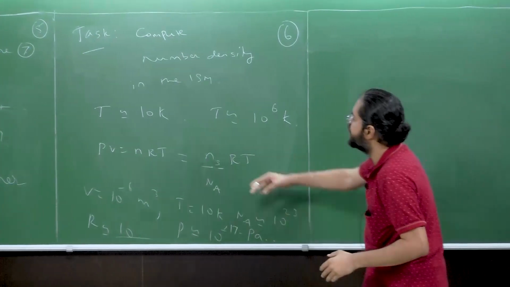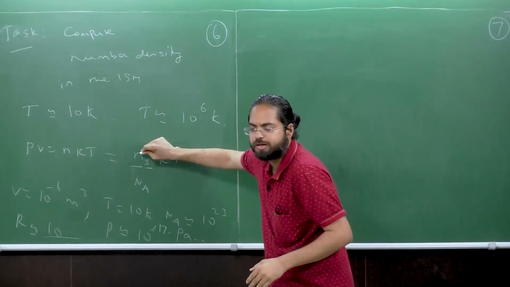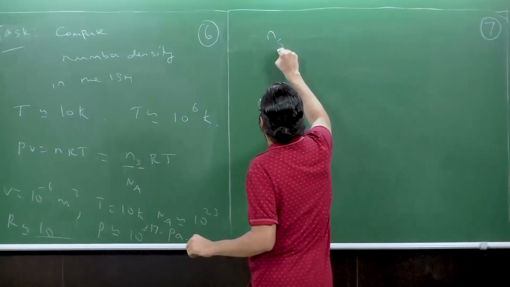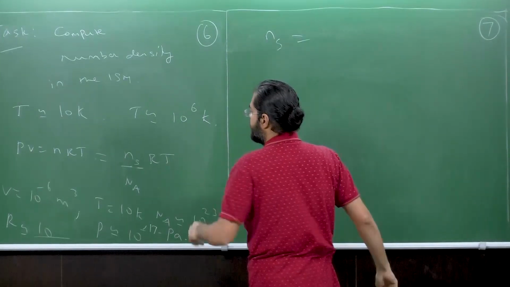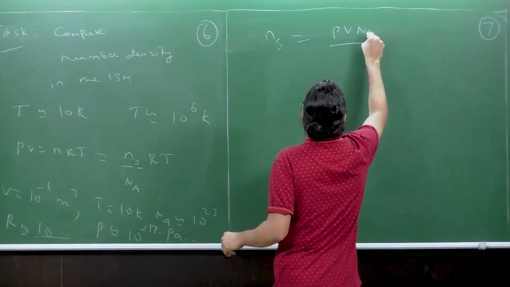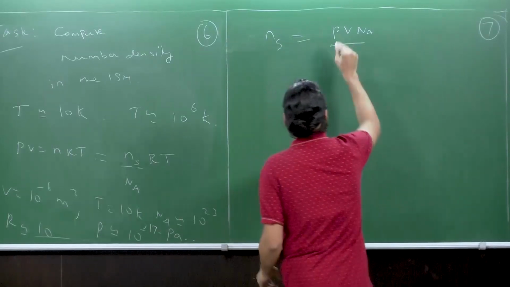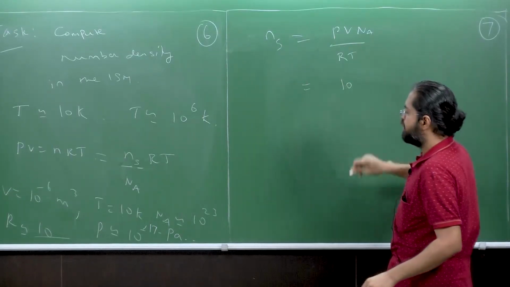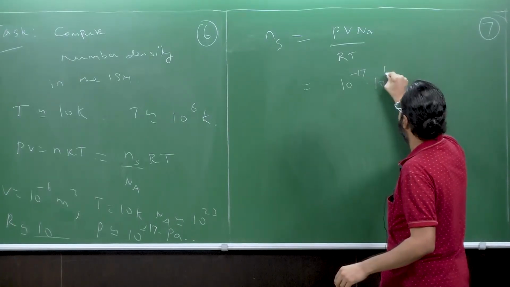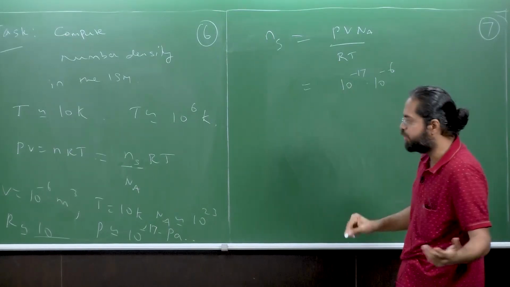Now let us substitute all of these in this equation to figure out the number density at 10 Kelvin in the interstellar medium. The number density is going to be PV Na over RT. Here the pressure is 10 to the power minus 17, and the volume is 1 centimeter cube, which is 10 to the power minus 6 meter cube.